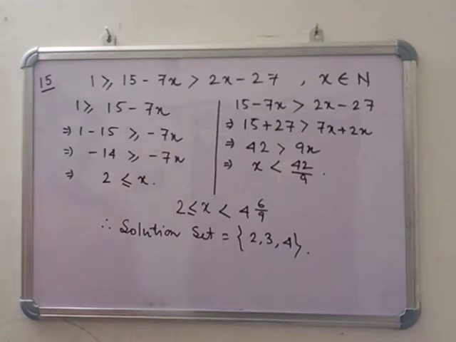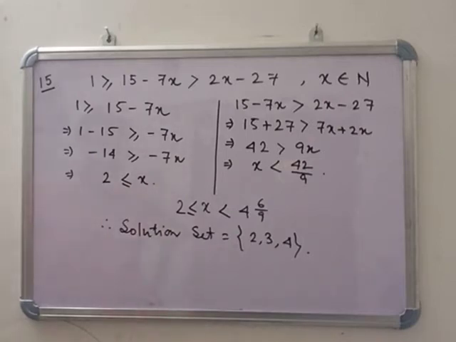In number 15, see that 1 is greater than or equal to 15 minus 7x, which is greater than 2x minus 27, where x belongs to natural numbers. So now if we take the first part, 1 greater than or equal to 15 minus 7x, that means 1 minus 15 greater than or equal to minus 7x, that means minus 14 greater than or equal to minus 7x. If we divide by minus 7, we get 2 less than or equal to x.